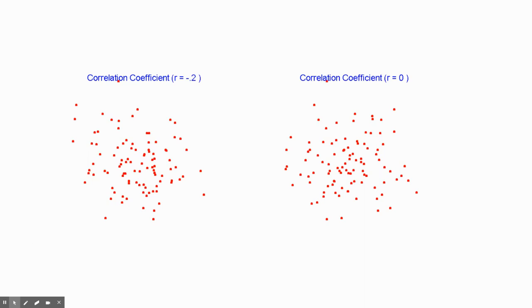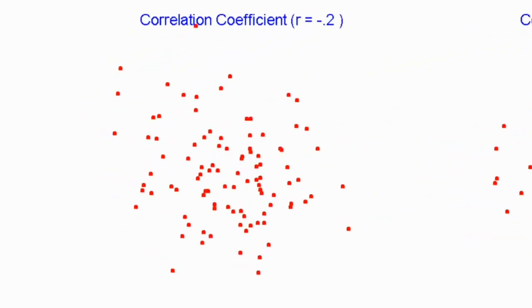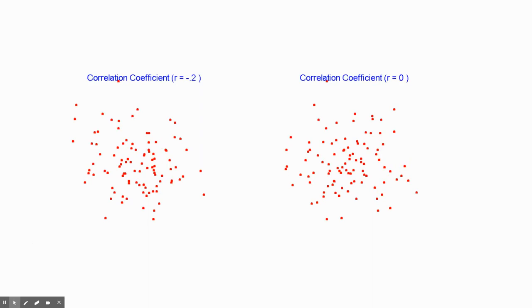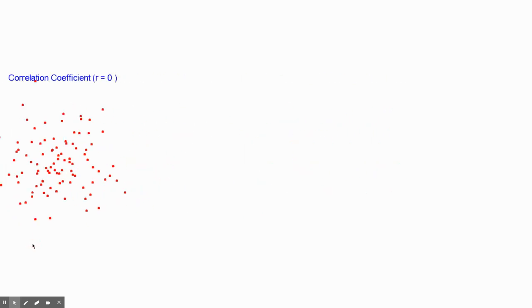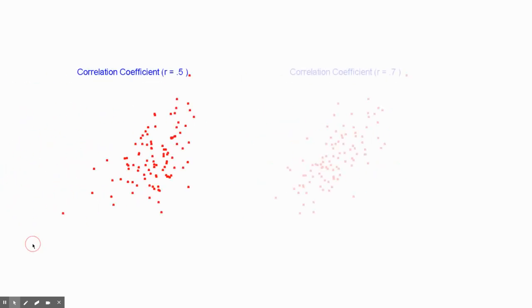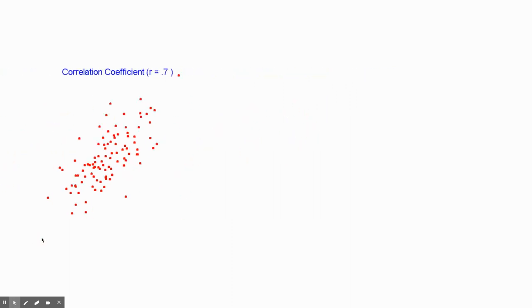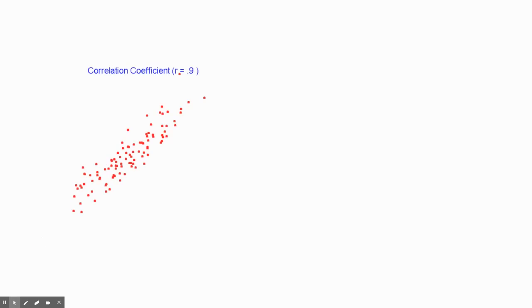Maybe you could see that the dots in -0.2 might be trending down and to the right, but for the most part, when it gets close to 0 like this, we're going to start calling it just weak. Here's +0.5, +0.7. Notice how the data points are getting close to the line of best fit until it gets to, again, a perfect linear correlation.